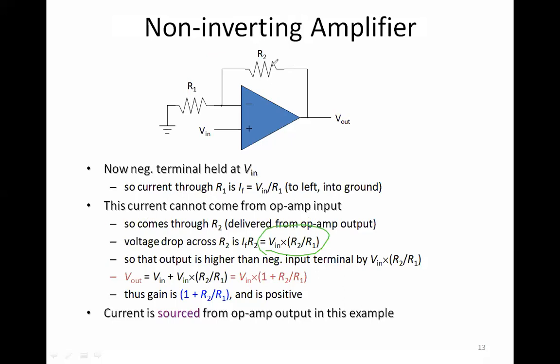A voltage divider, isn't it? So the input is multiplied and amplified by a factor R2 by R1. So here, since the output is at a higher potential than the negative input terminal, it is going to be V in R2 by R1.